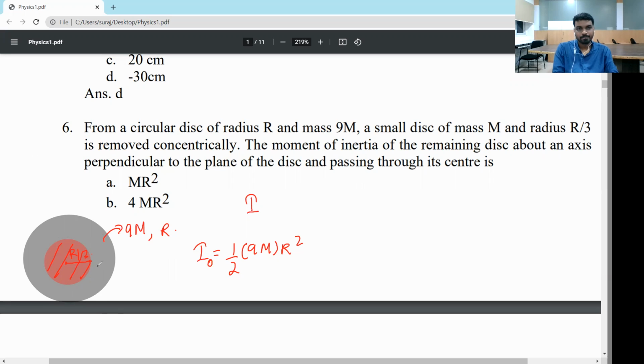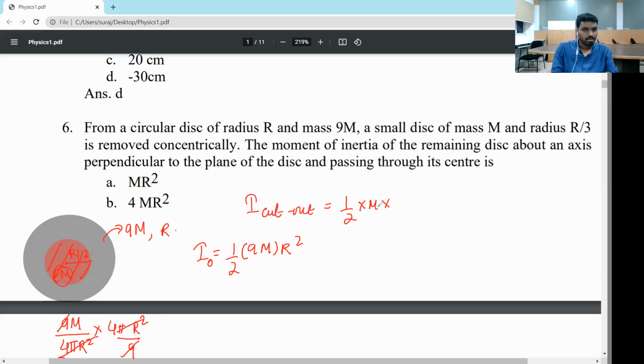Mass per unit area: capital mass, let's say 9m, by pi capital R square, into the area of this, pi into R by 3 whole square, that is R square by 9. The pi R square cancels, so the removed mass is smaller. Moment of inertia of the cutout will be how much? Half m. M is how much here?